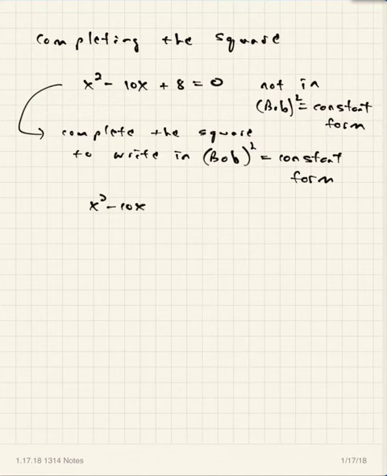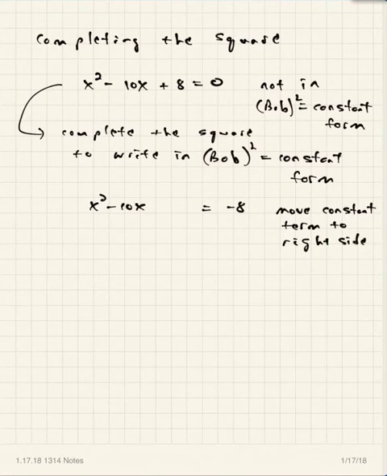The first step is to always move the constant to the other side of the equation. So you move the constant term to the right side. All right, so that's what we did. Notice I subtracted 8 from both sides of the equation. Also notice that I left a space here where the 8 was, and the reason why I'm going to do that is because I'm going to fill that in with something else.